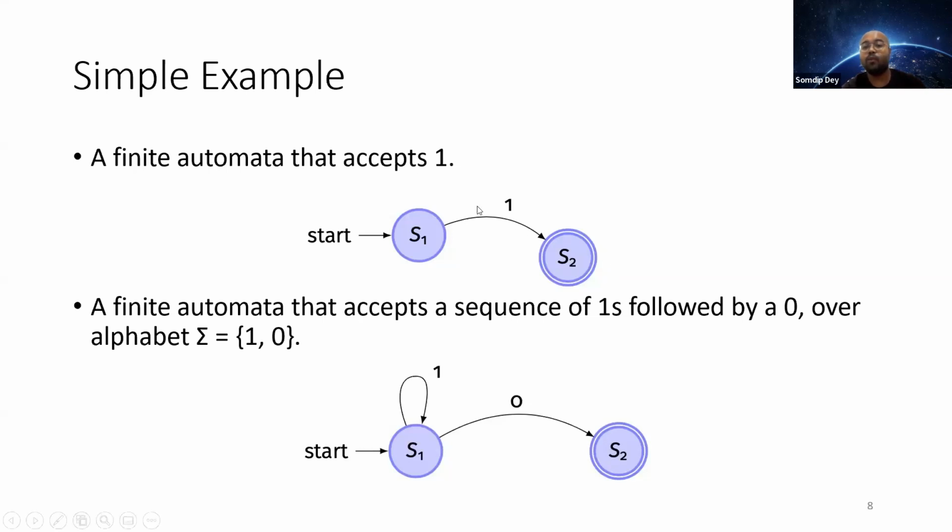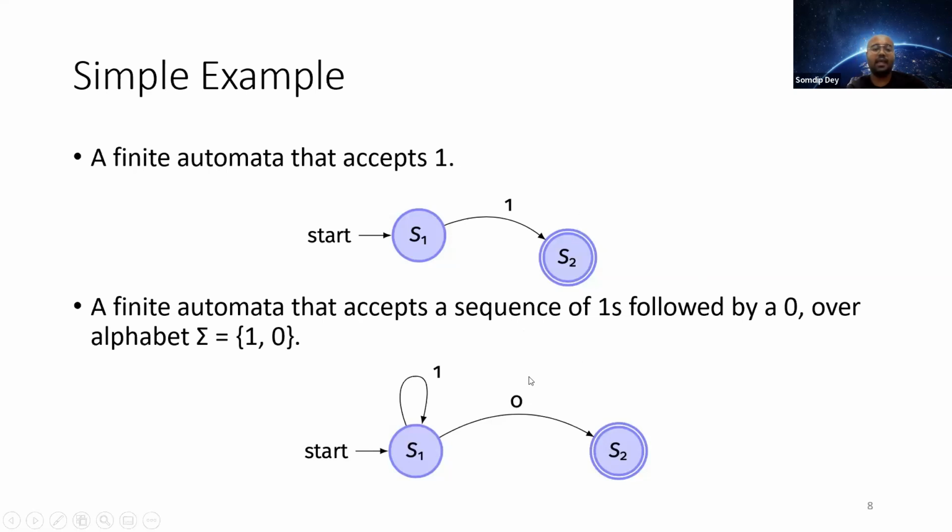So this will represent that machine: if the current is flowing or the input string is 1, then it moves to the accept state S2.